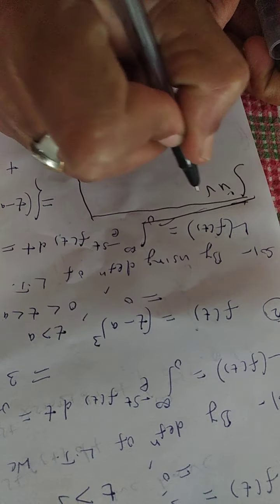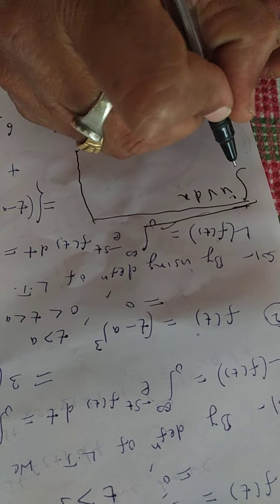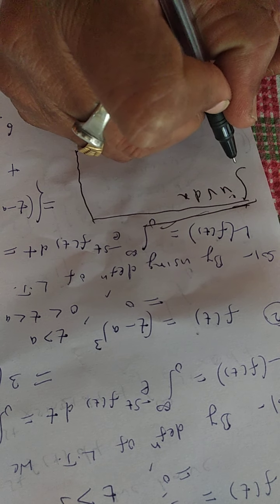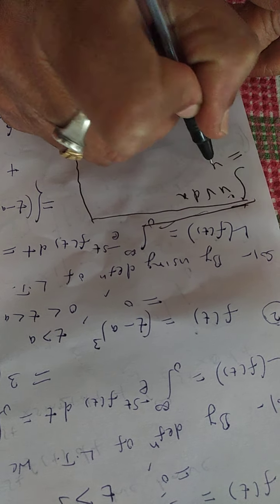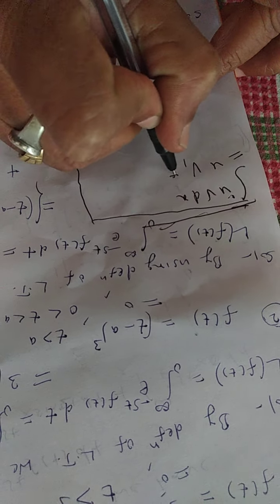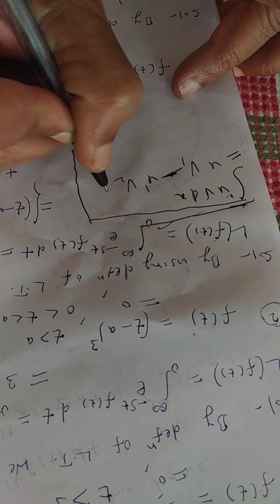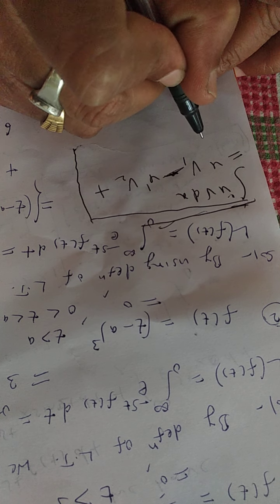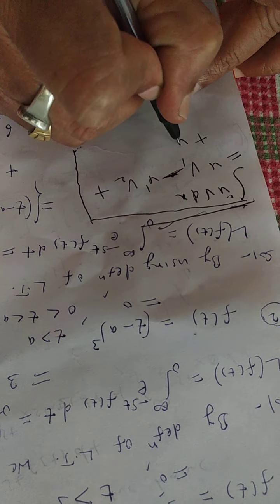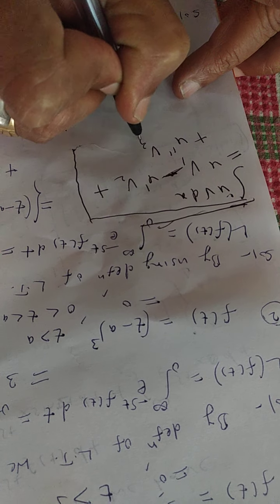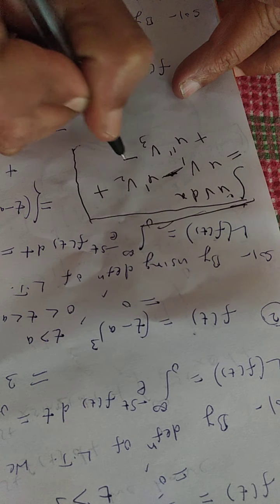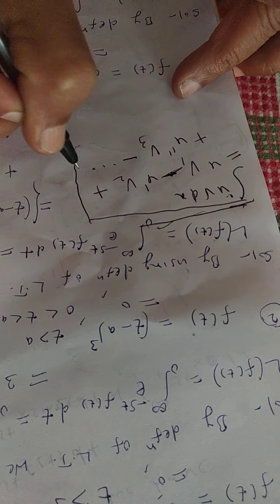Integral u v dx is equal to u v1 minus u dash v2 plus u double dash v3 minus and so on.